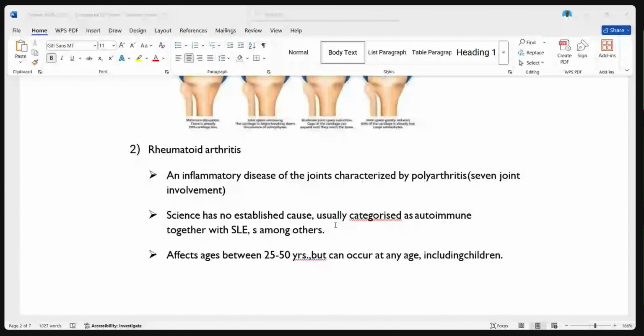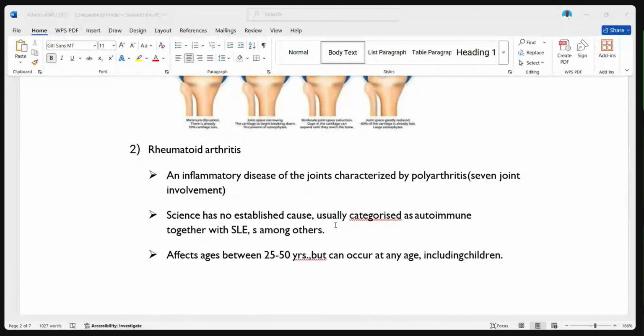Autoimmunity inamaanisha the body is actually attacking itself. So there's an autoimmune attack of the body. Let me just be specific. One of the causes is the genetic aspect, where someone can be a carrier of this.